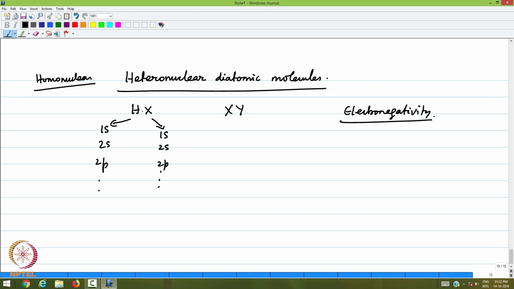The electronegativity scale tells us that if the X atom is more electronegative, it also means that the corresponding energy levels, the same 1s of H or 1s of X, this will be lower in energy, this will be higher in energy. Likewise, the 2s electron for the H of HX will be higher in energy than the 2s electron energy level of the X atom. These are all again approximate energy level classifications.